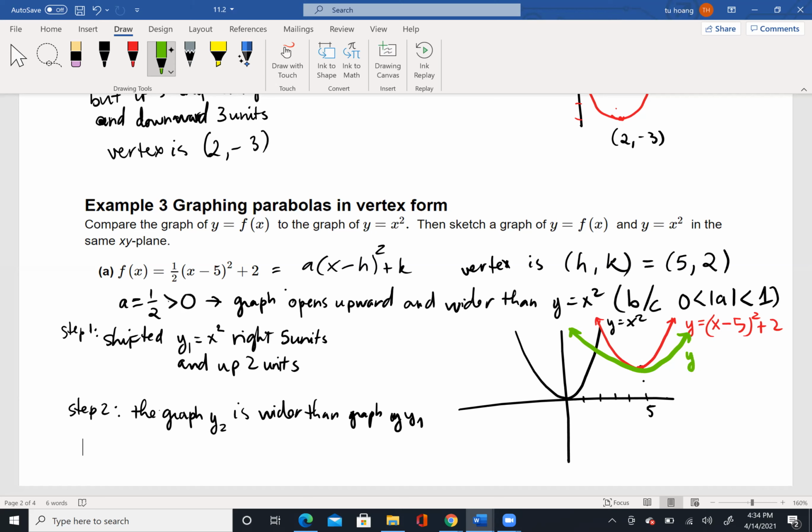That's going to give me y equal to 1/2 (x minus 5) squared plus 2.